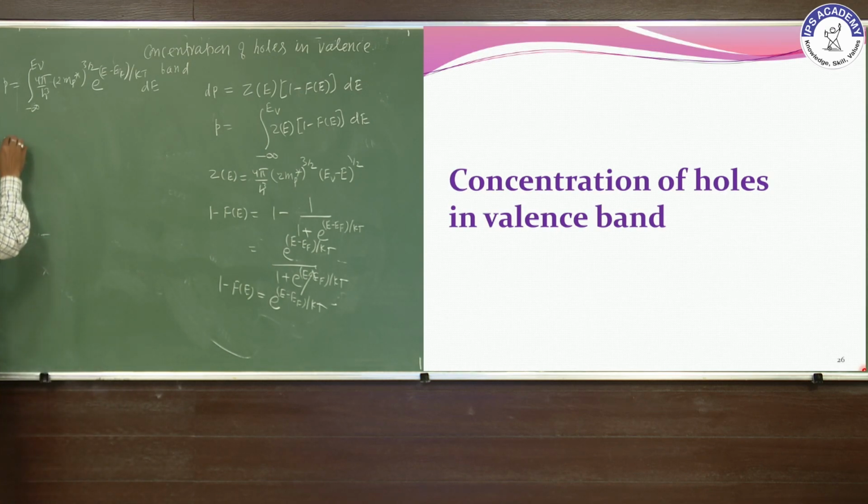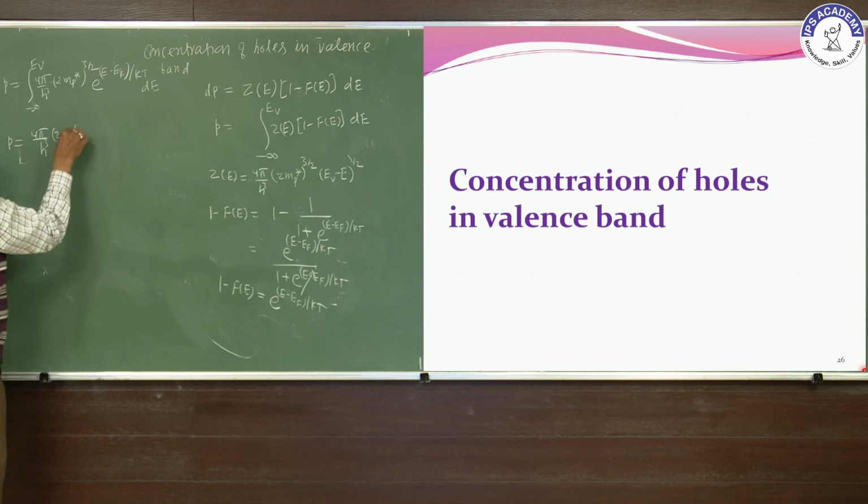Now this is the constant term. You can take it outside the integral: 4 pi upon h cube, 2 mp star whole to the power 3 by 2.